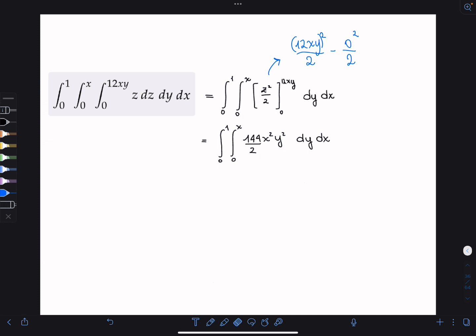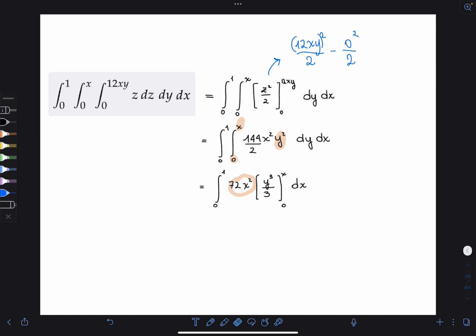Then we can proceed by evaluating the next integral, so the one towards y. In this case, most of the terms don't depend on y, so we can just take them out. And here this term gives us y to the power of 3 divided by 3, and the bounds are 0 and x.